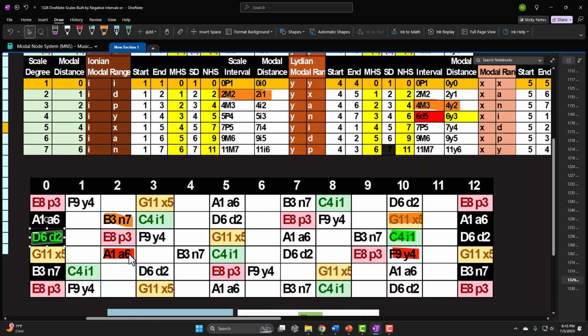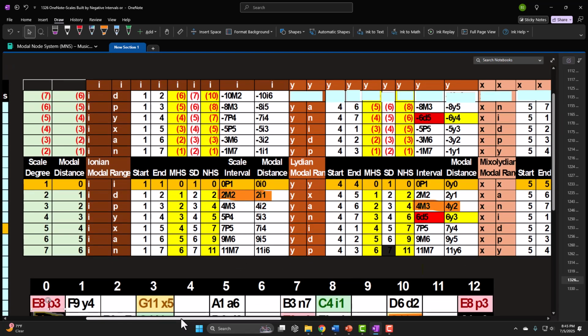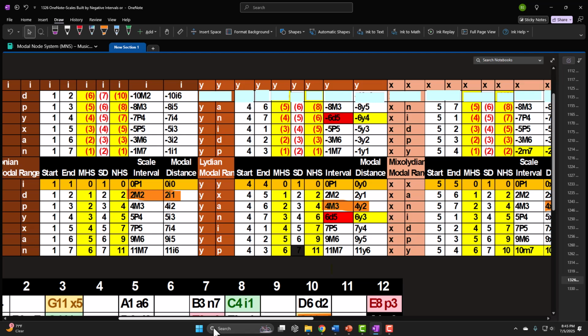Similarly, we'll have a similar prospect if we go back from the Lydian, 1, 2, 3, 4, 5, 6 modal half steps backwards, and from the Mixolydian, 1, 2, 3, 4, 5, 6 modal half steps back. Let's analyze those. We should have similar results as we compare them.